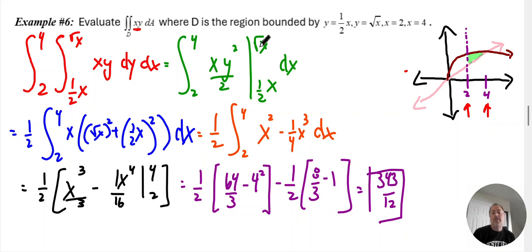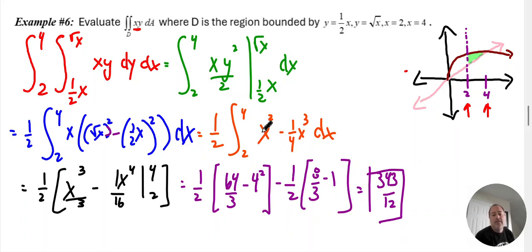I pulled in the square root of x right here, squared it, and then minus, oh, that should be a negative. So let me fix that for you guys right now. Don't know why I put that as positive. So it's always nice to go back to my little work here. All right, so minus 1/2 x quantity squared dx.